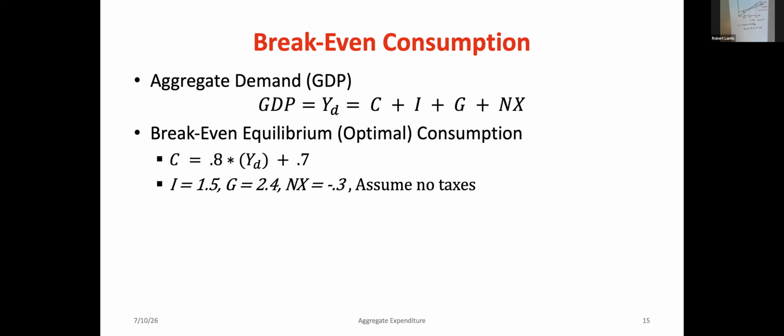Right? So we're going to assume that there's no taxes for a second. We'll eventually move to a more complicated and more difficult type of scenario where we do have taxes, but I'm telling you net exports, I'm telling you government spending, I'm telling you the level of investment, and I'm giving you a consumption function. Okay. So we're going to do the work here to solve for what that equilibrium level of disposable income or the equilibrium level of real GDP would be.